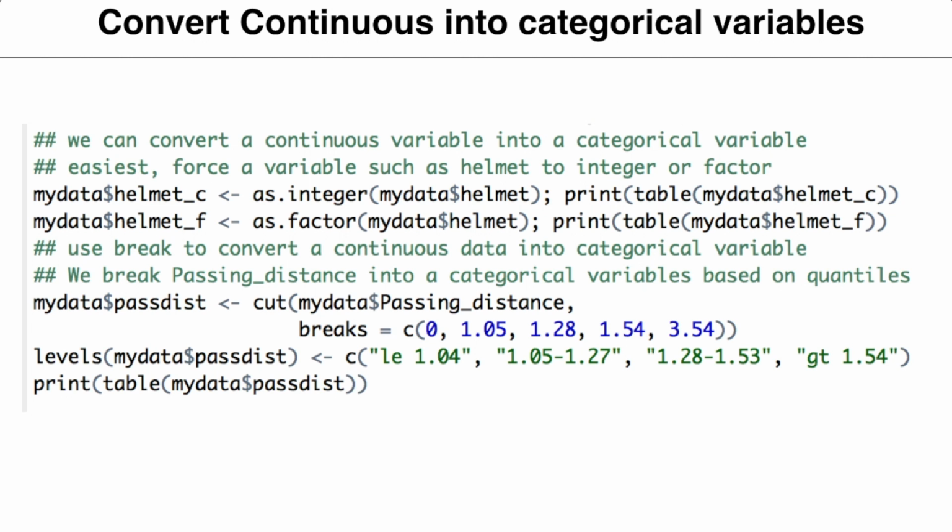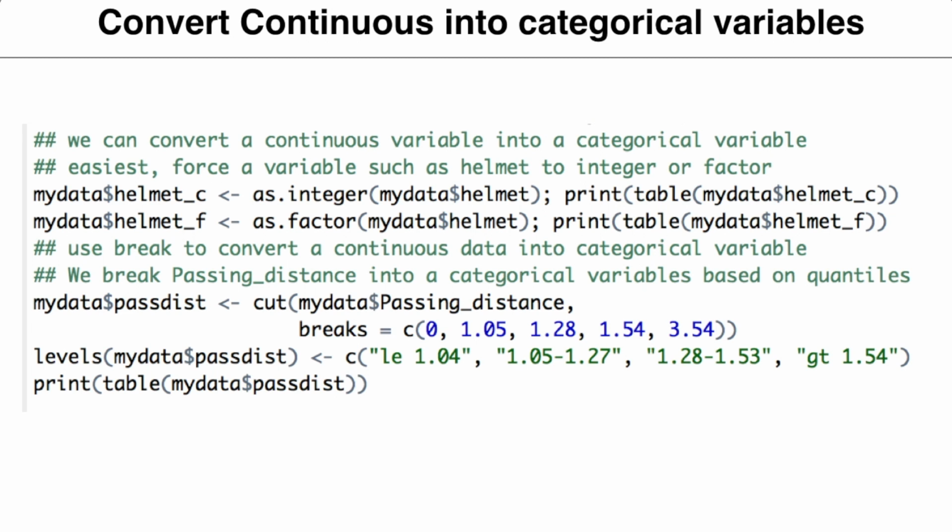For example, we have created helmet underscore f as helmet becoming a factor. We have taken helmet and converted it into a factor level variable. We have forced it.